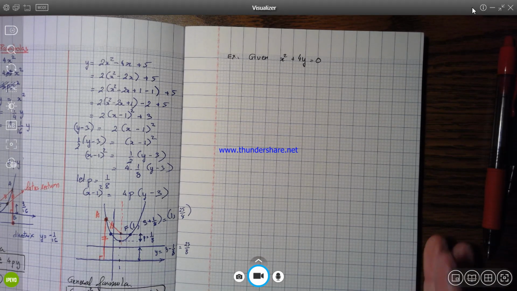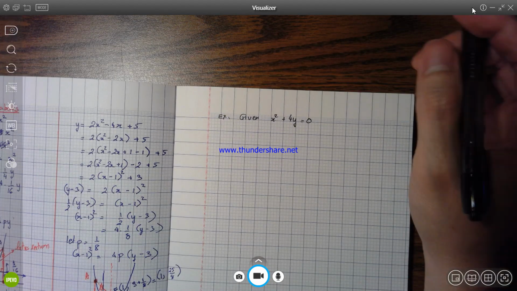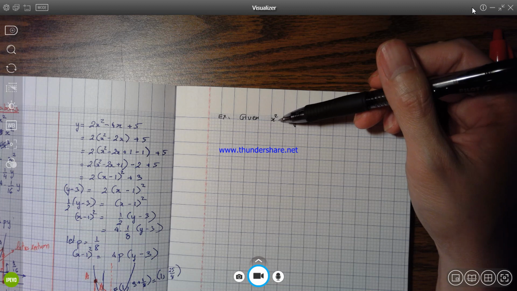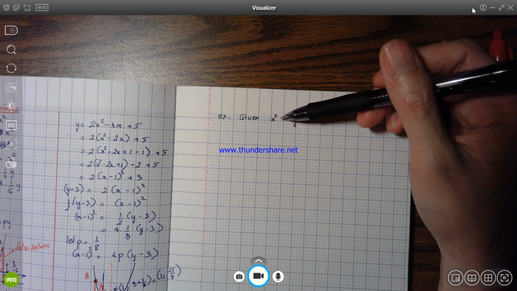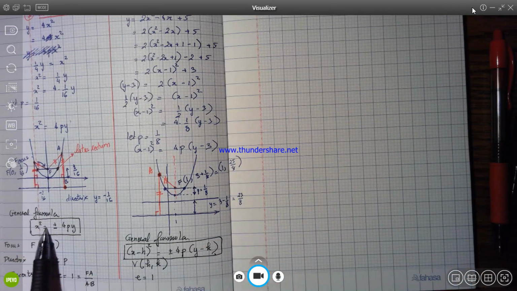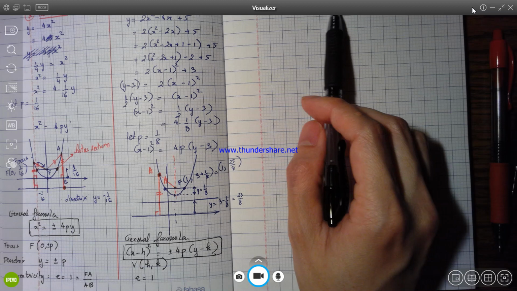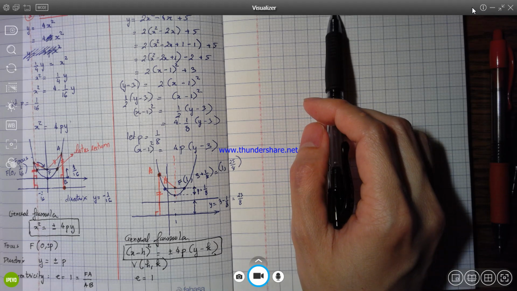We can recognize right away that this is the form, but the original equation here is not in that form.